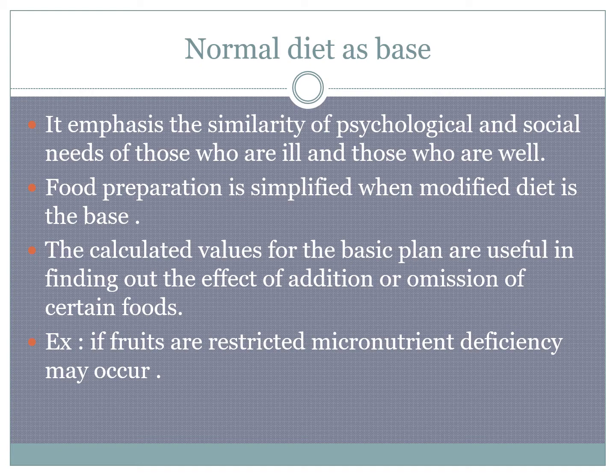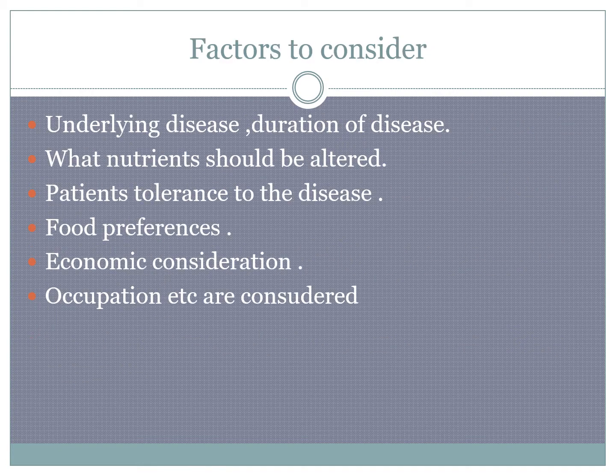So how do those nutrients need to be compensated in the diet? By addition or supplementation of something, so that those essential nutrients are added into the diet. That needs to be considered very essentially.